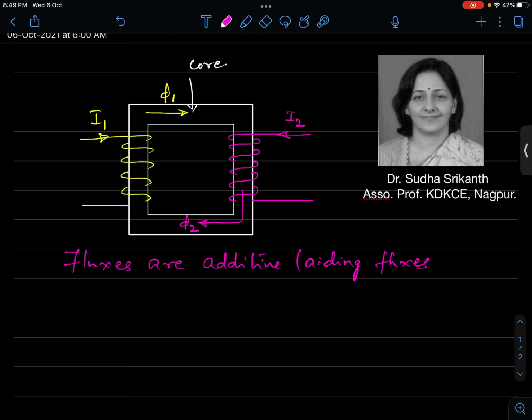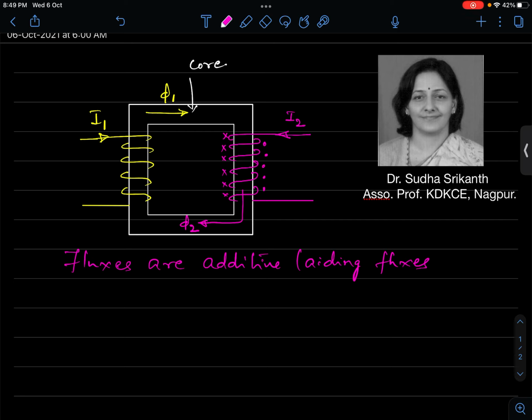You can also indicate the current flow through the coil in another way, by what we call dots and crosses. Crosses are the places where current is entering, and dots are where current is coming out. Currents are entering at this end, and coming out at this end. So we can do this kind of representation also.